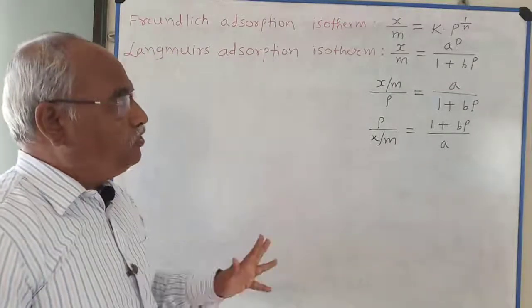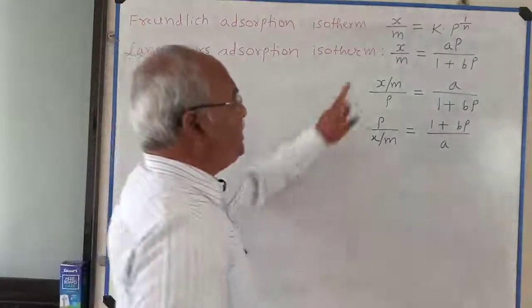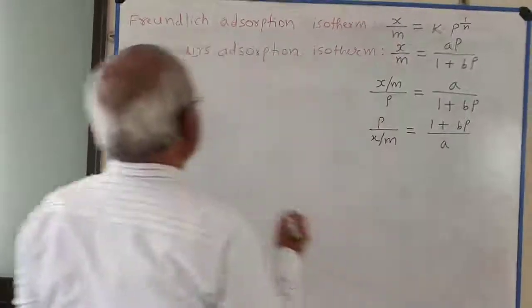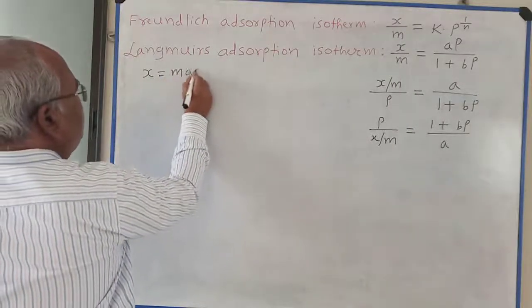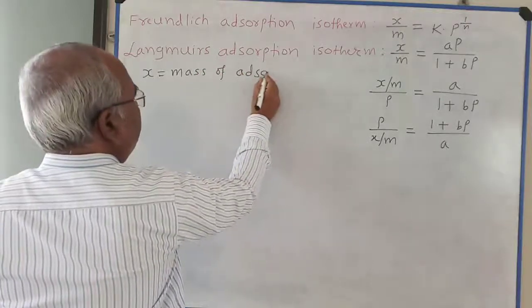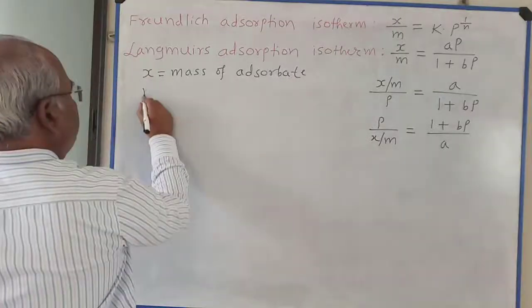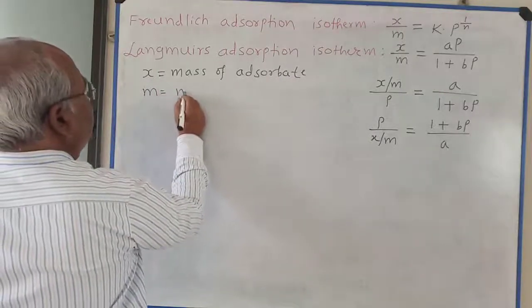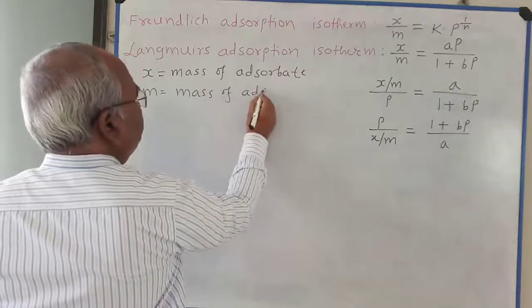I tell you the meaning of x and m. x is equal to mass of adsorbate. m is equal to mass of adsorbent.